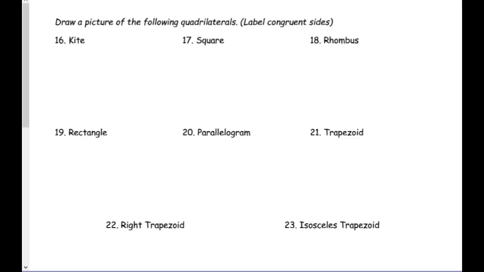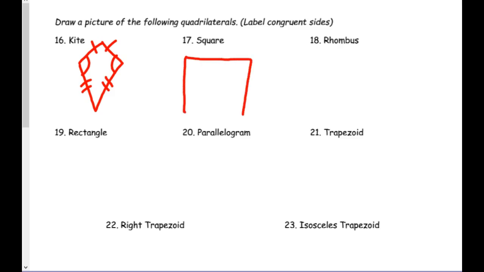All right, so a kite. Now, if you do this, that's kind of all right. But remember, one pair of opposite congruent angles, consecutive congruent sides. Very important. All right, square. What makes a square square is not just equal sides, but also equal angles.